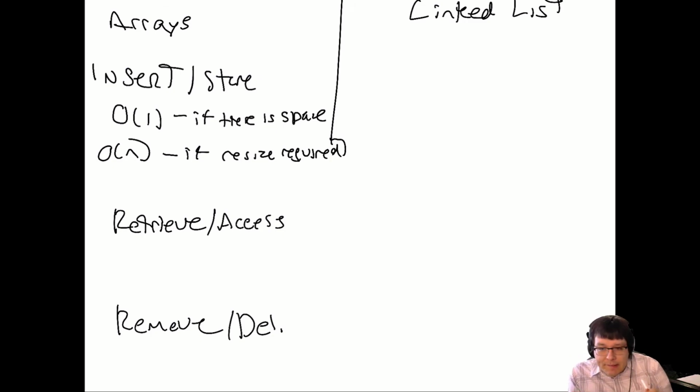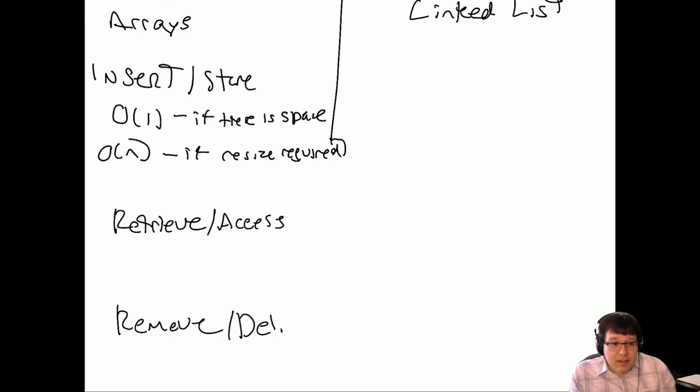Because of that, the worst case scenario is typically when you have to insert something at the beginning of a list and the array is already full, which means you have to copy and paste the entire array into another array shifted by one so that you can insert it, right? And because you have to copy the entire array of size n, the time complexity is going to be O of n, right?